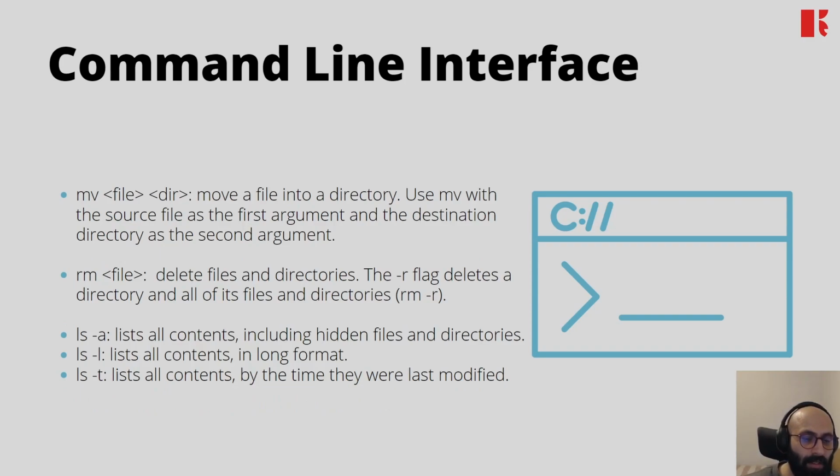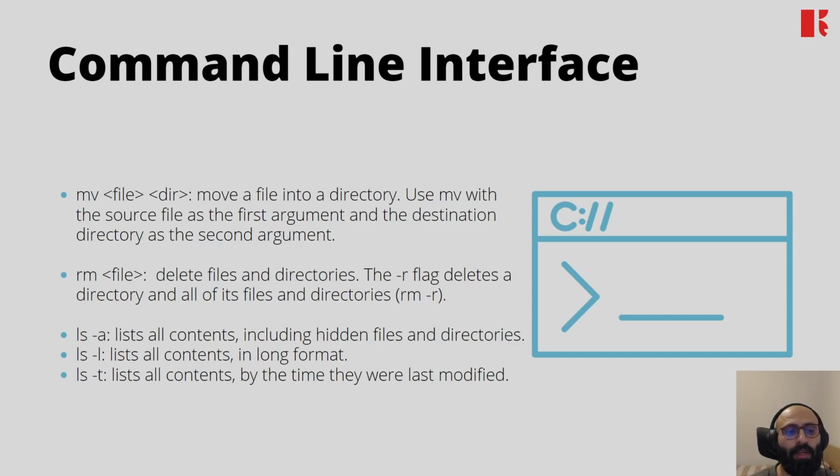The next command is mv, which stands for move. It takes whatever you want to move, the name of the file, and the destination where you need to put it. So it moves a file into a directory.